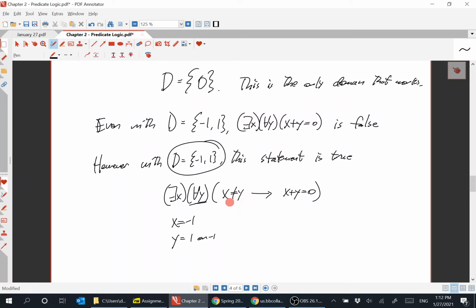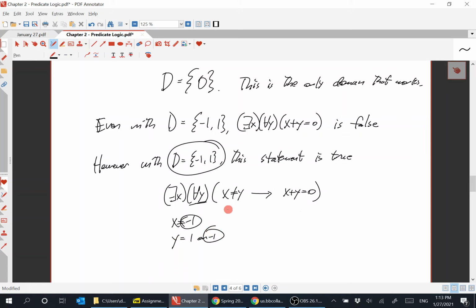Is that true? Yes. Is x plus y equals 0? Yes. So the implication is true. True.